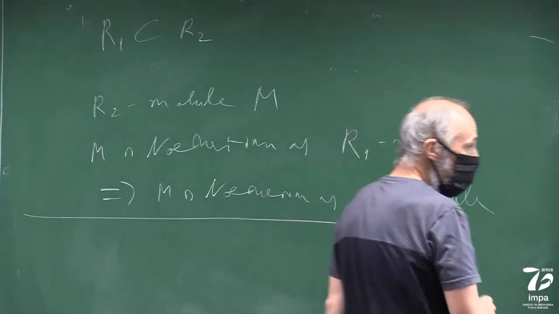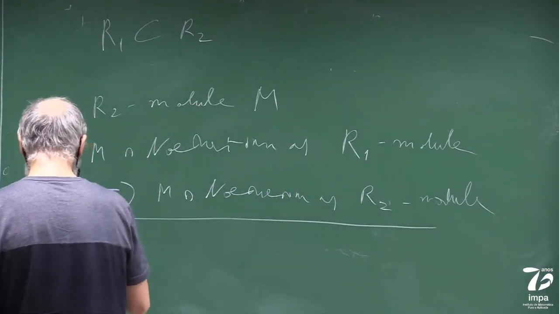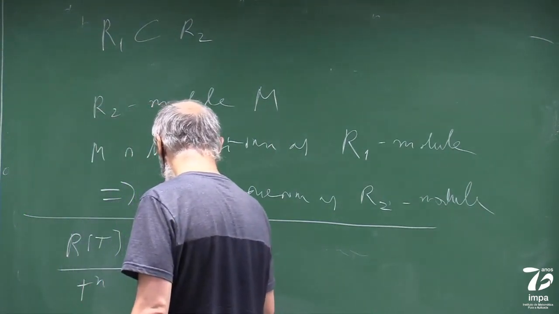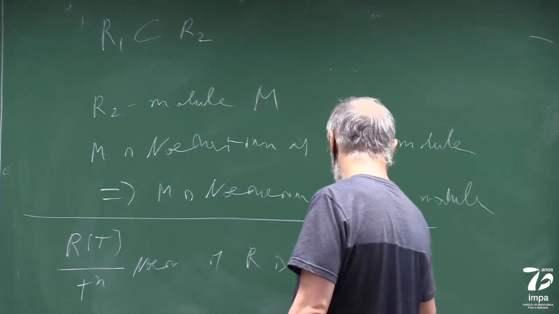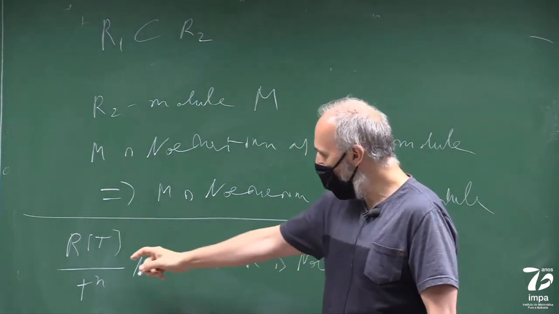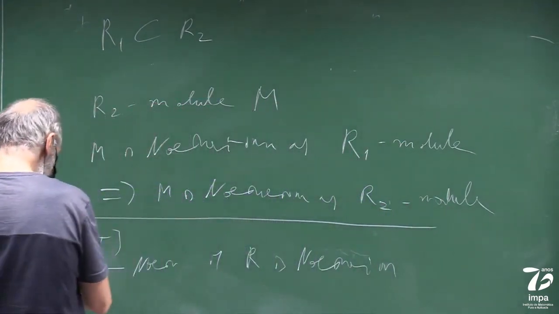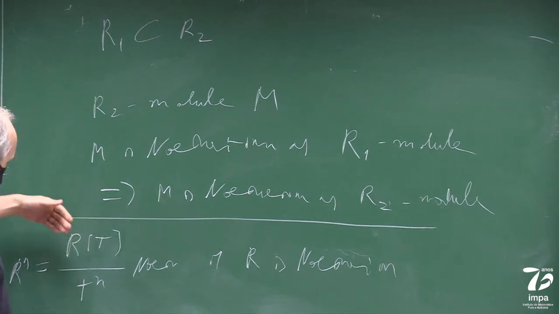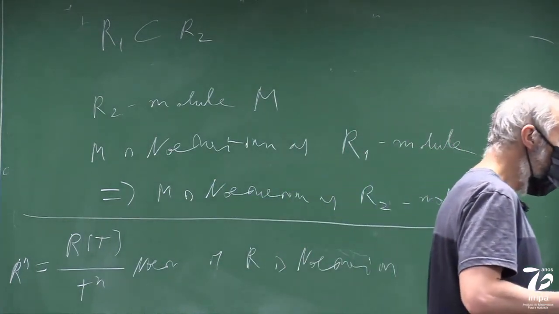And there is something I will use at some point: if R is Noetherian, then R[t] modulo t^n is Noetherian. Of course, we want it for R[t], but at least we have this small part. Because this is R^n, and R^n is a Noetherian module. It's even Noetherian over R, so it's definitely Noetherian over R[t].